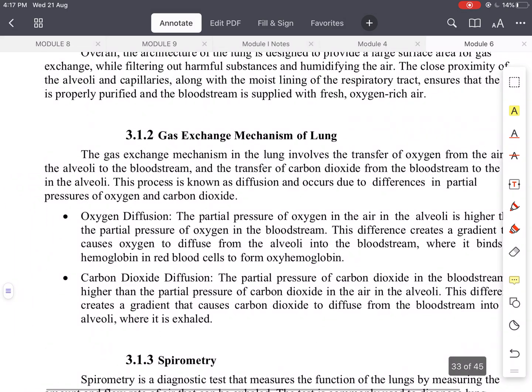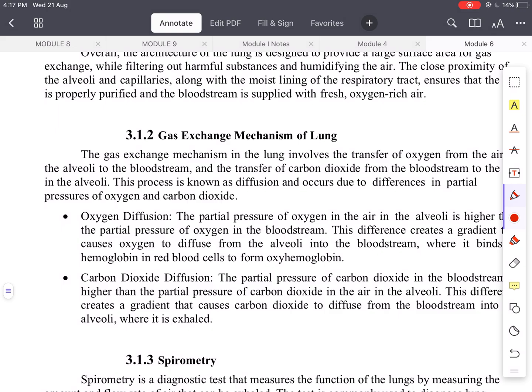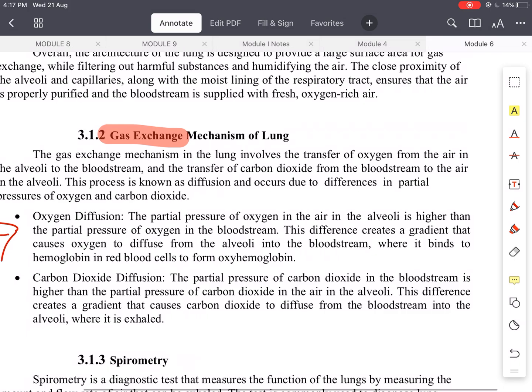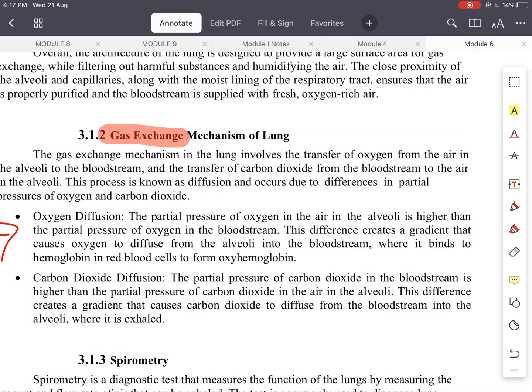Now let us understand what we mean by gas exchange. We saw gas exchange happens through two mechanisms. What is that mechanism? First one, oxygen diffusion. The partial pressure of oxygen in air is higher. When I inhale, oxygen is at a greater quantity in the air. It passes through the trachea, bronchus, bronchioles, then reaches the alveoli. In the alveoli, depending on the surface area, there is an exchange of gases.